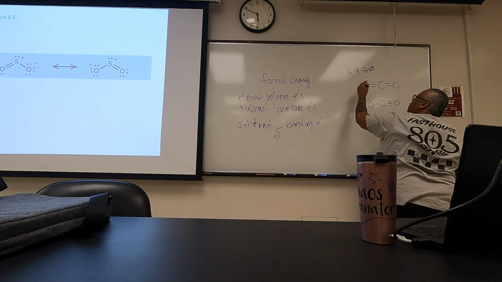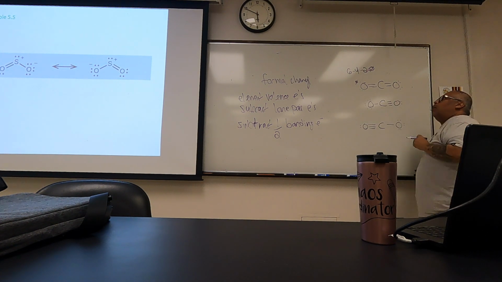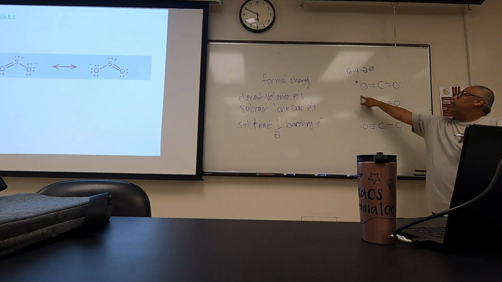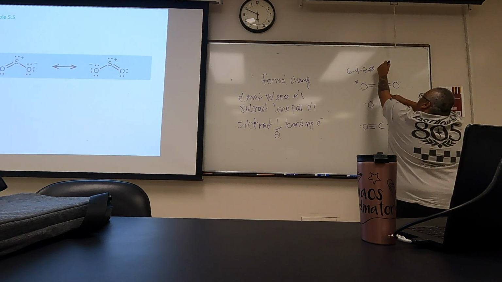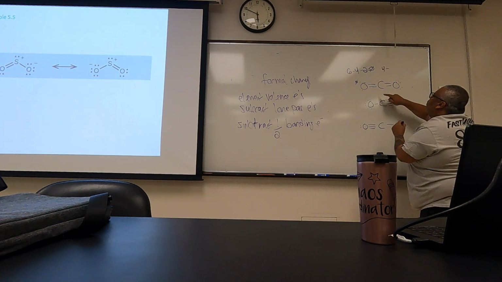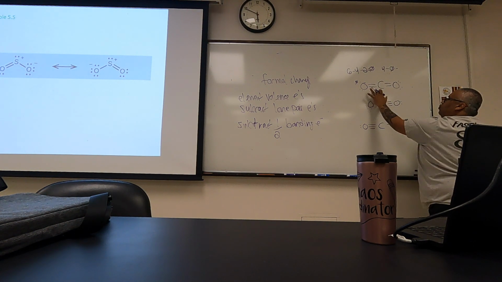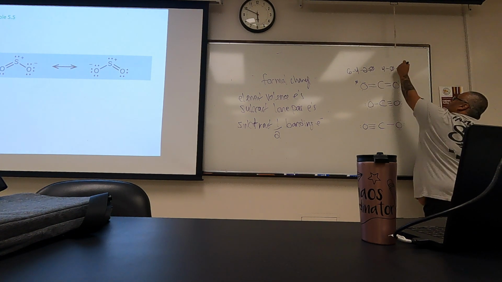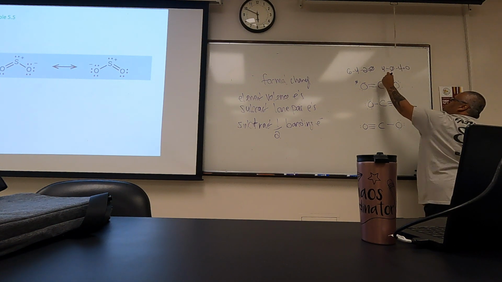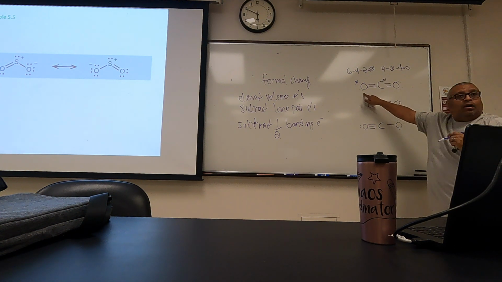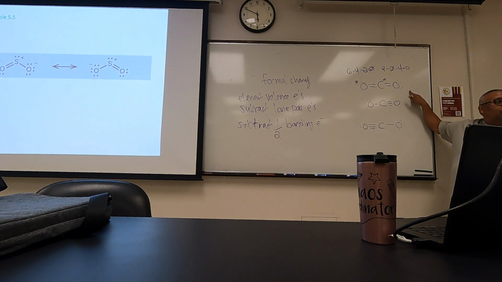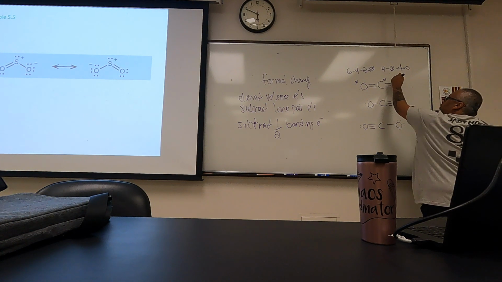And that equals 0. So the formal charge on this oxygen is 0. Carbon, 4 valence electrons. There are 0 lone pair electrons. 2, 4, 6, 8, but we only need half of them, and that is also equal to 0. This oxygen is identical to this oxygen, so we don't need to calculate it. It's 0.